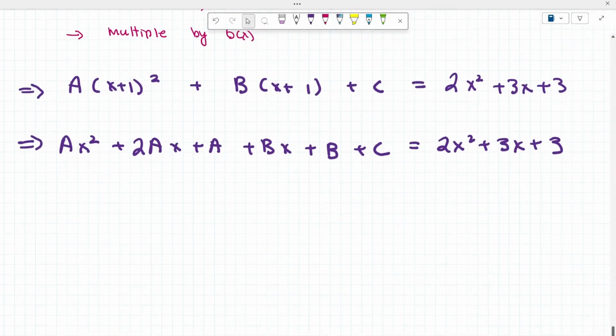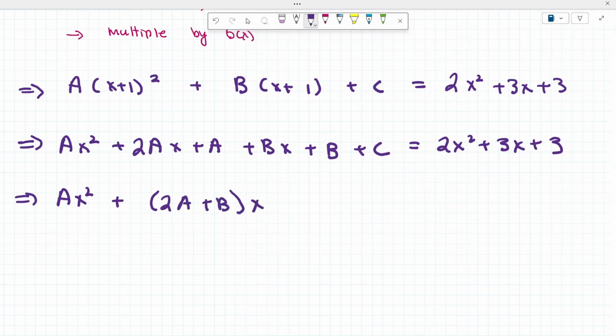Now we're going to be a bit smart in how we group this together. We end up with Ax squared plus (2A plus B)x, plus (A plus B plus C), and that equals 2x squared plus 3x plus 3.